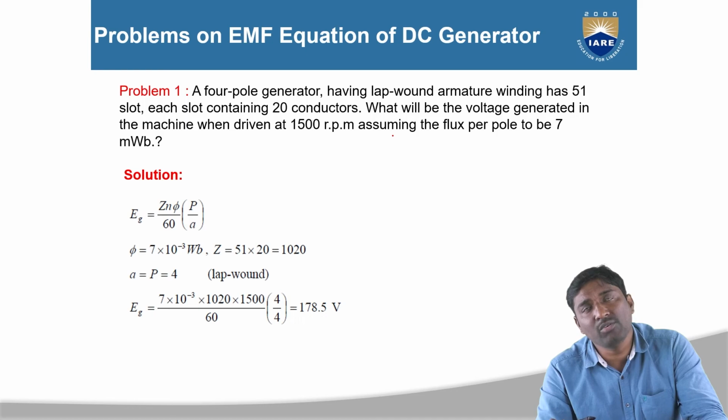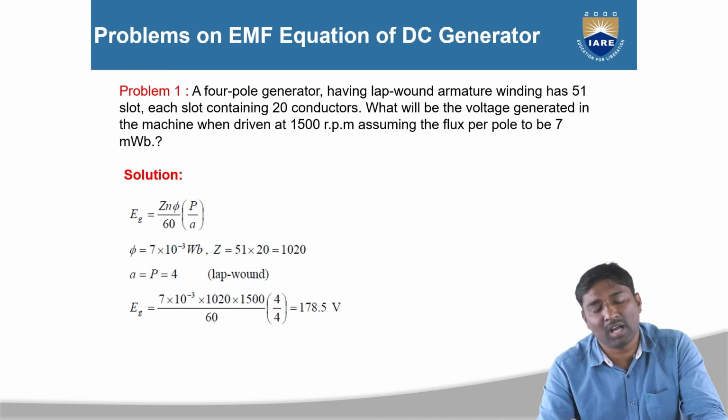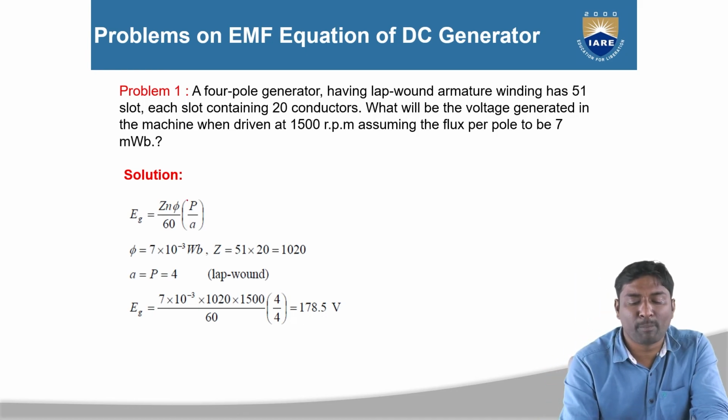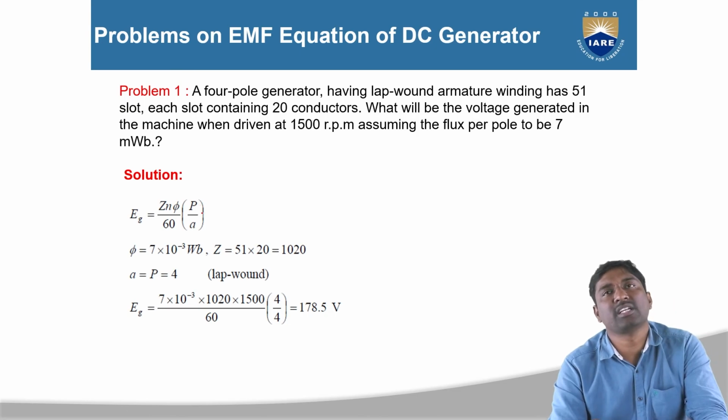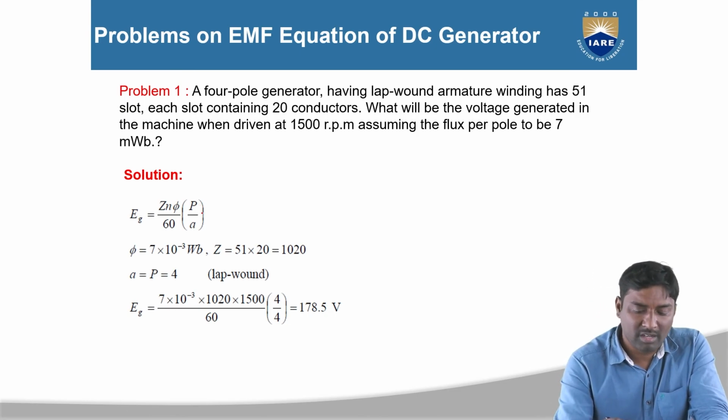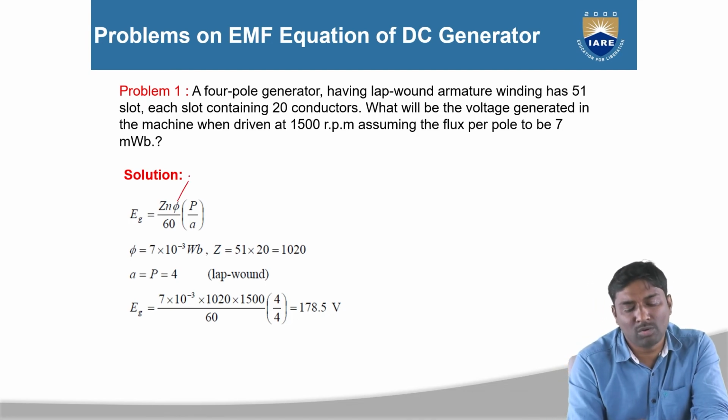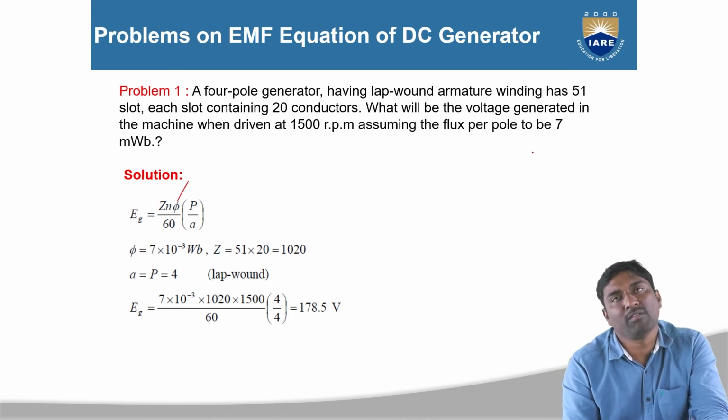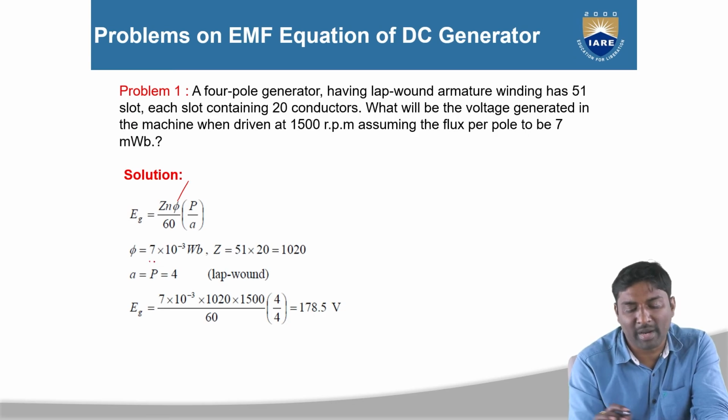What is the induced EMF formula of the DC generator? It is Z into N into φ into P divided by 60 into A. The flux is given as 7 milliweber, that is 7 into 10 to the power of minus 3.